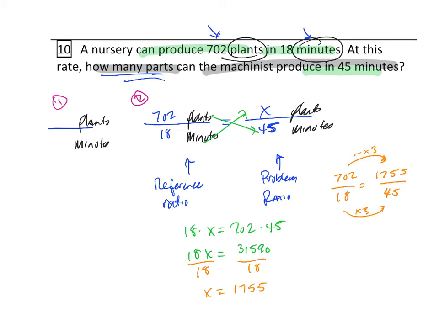And it's almost there. So I'm going to check my cross product. If I check my answer, I'm going to have 702 times 45 should equal 18 times 1755.